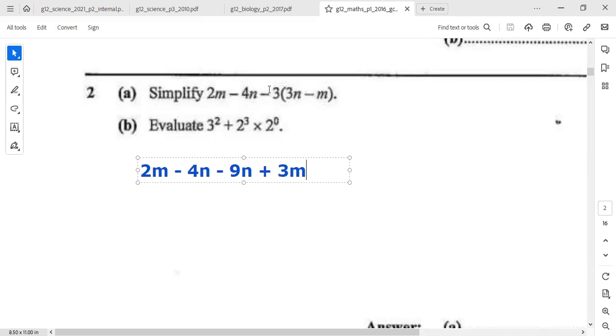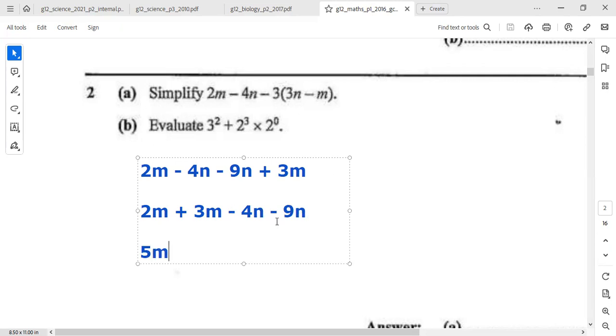We get 2m plus 3m, minus 4n minus 9n. So that's 5m. Both of these have the same signs, so they are adding, but on the negative end. So negative 4 minus 9, that's negative 13n. Any question on this one?